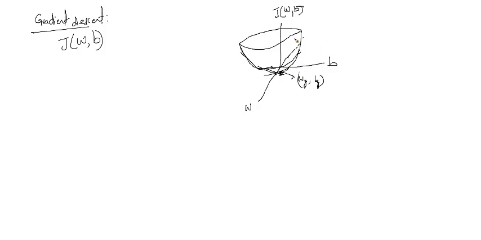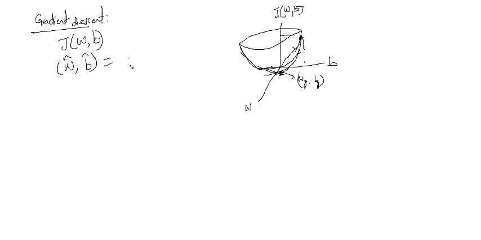That's what we are trying to do. Initially, when we randomize, we might be starting here, with some random w and some random b.